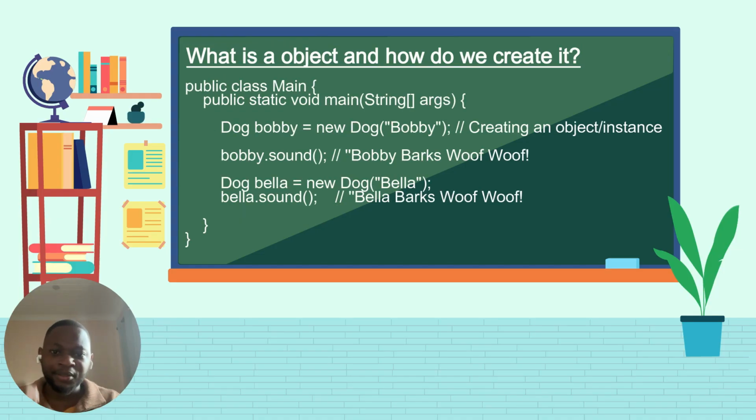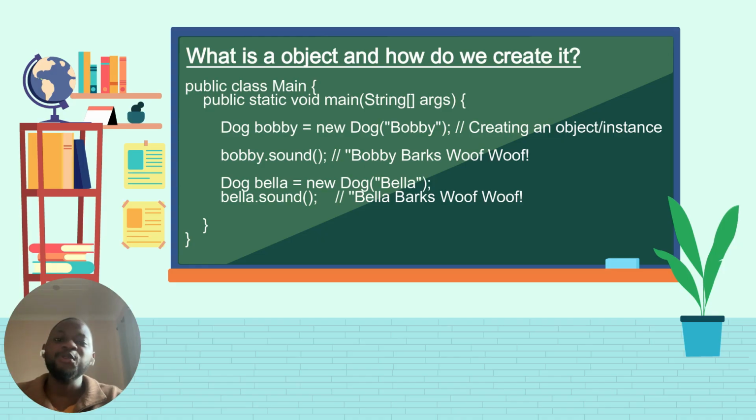Okay, so here we have our dog class reference, and bobby, which will be the object reference, is equal to new Dog. By saying new Dog, we're creating an instance of the class, or creating the object. That's how we create an object.